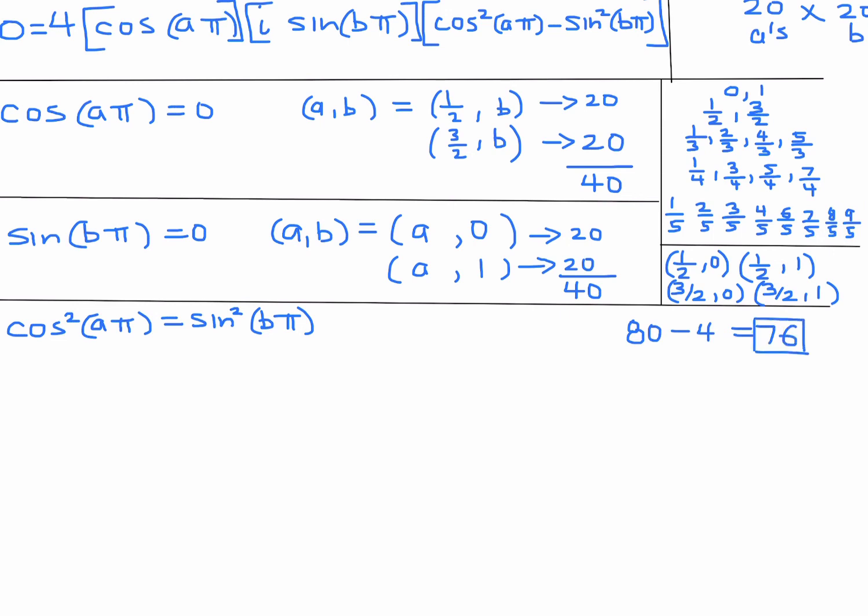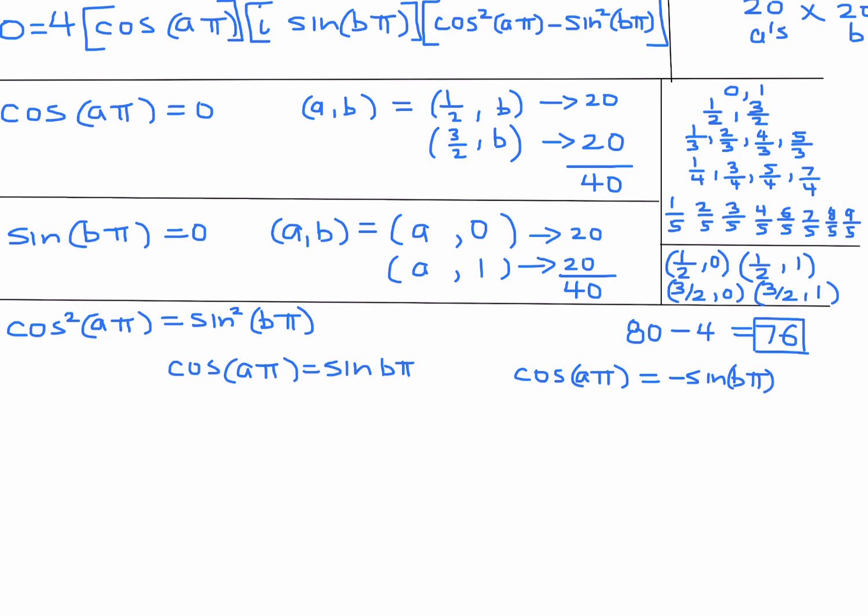All right, so far so good. Now we have to concentrate on this guy, and this is a little bit more complicated. First of all, it gives me a couple different scenarios. The first scenario, when we take the square root of both sides, is that the cos of a pi is equal to the sine of b pi, or the cos of a pi is equal to negative sine of b pi.